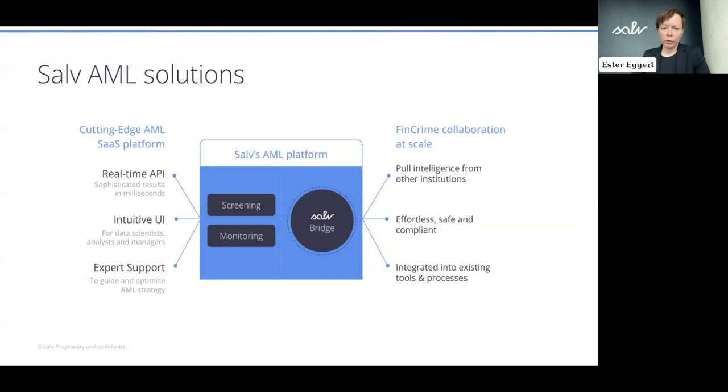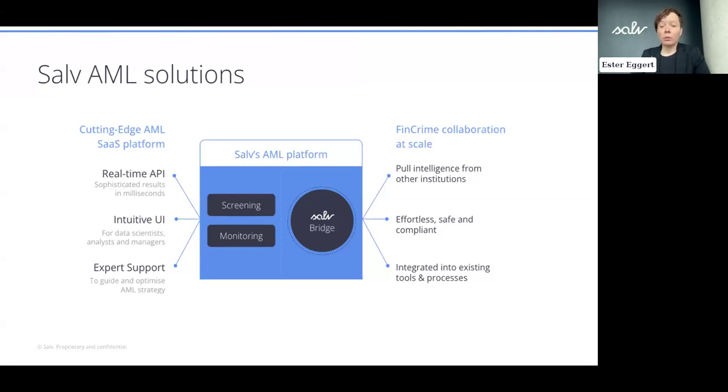But Salv has 3 products in our portfolio, which on the traditional compliance side is centered around screening and monitoring, with a lot of focus on real-time checks and handling larger payment volumes. Screening is split into person screening and transaction screening. We cover sanctions, PEPs, adverse media, also some custom lists or your own curated list that you might want to pull together.